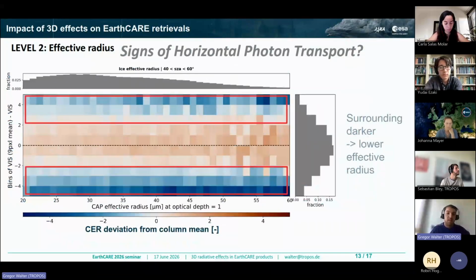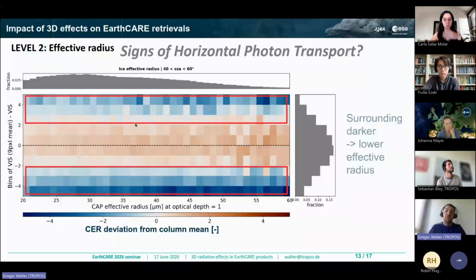And now we also try to get a sign of the horizontal photon transport I showed you with the proxy for the 1D perspective in the Monte Carlo simulations. So we don't have the 1D, but I just did it with the 3D, and then calculated the 9-pixel mean versus the visible. It's a bit speculative, but we still get the signal we expect: lower effective radius if our pixel distributes more photons to neighboring pixels.